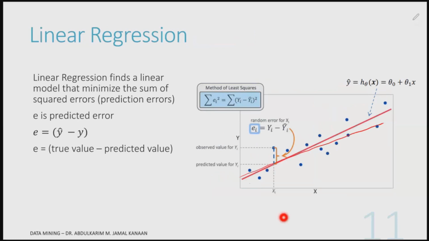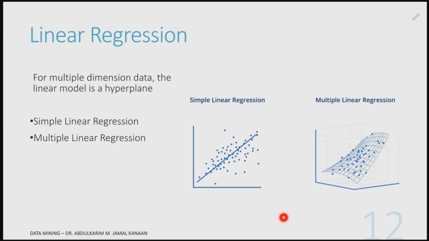We have many lines possible, but the line that yields the lowest error will be our best fitted line. And we said we have two types of regression, simple linear regression or multiple linear regression. Simple linear, we have one variable, one input, whereas multiple linear, you have multiple inputs. So in your assignment, you have multiple, right?